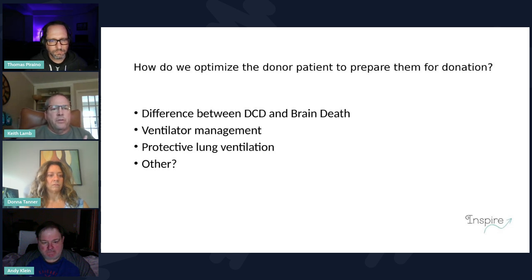The other type of donor would be the patient that the team and the family, if there's family, have decided that the condition the patient is in is terminal, that there's no chance of recovery, and that person and family can consent to donation after circulatory death.